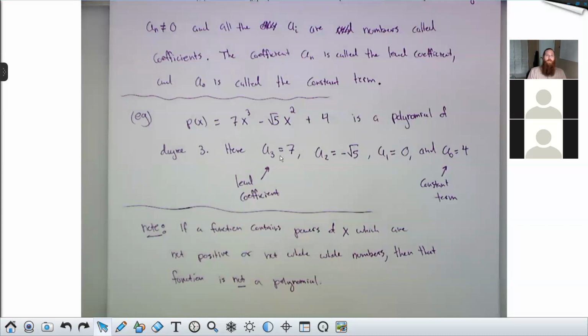Okay, so the game, is this a polynomial or is this not a polynomial, is not super exciting. You just look to see if it satisfies the definition. You look to see if it has only positive whole number powers of x added up with some coefficients. What is exciting is starting to talk about factoring polynomials and the connection between roots and factors.